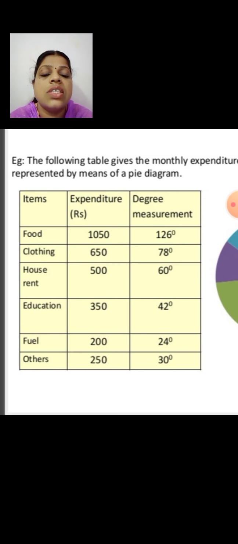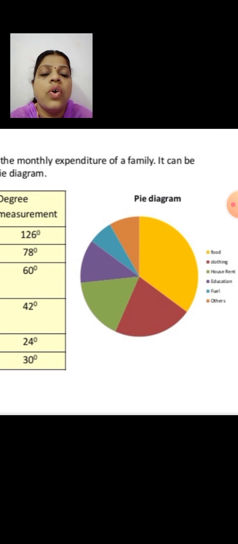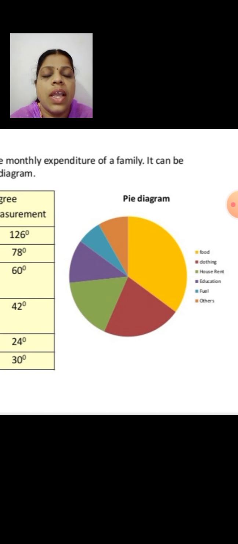And the next step is to represent it in a pie diagram. Children, here we can see that various colors have been used to differentiate the various items, and we can see the different slices in this. Which are the items?